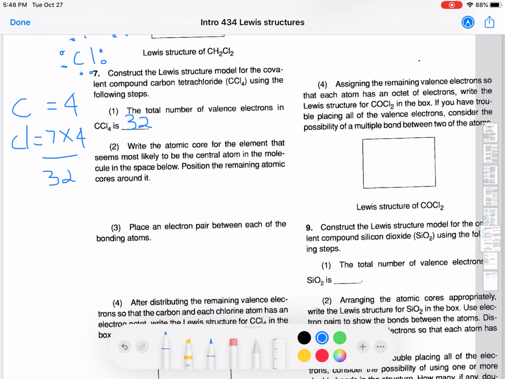Write the atomic core for the element that seems most likely to be the central atom in the molecule in the space. Position the remaining atomic cores around it. So you put carbon in the center, and then you have 4 chlorines.